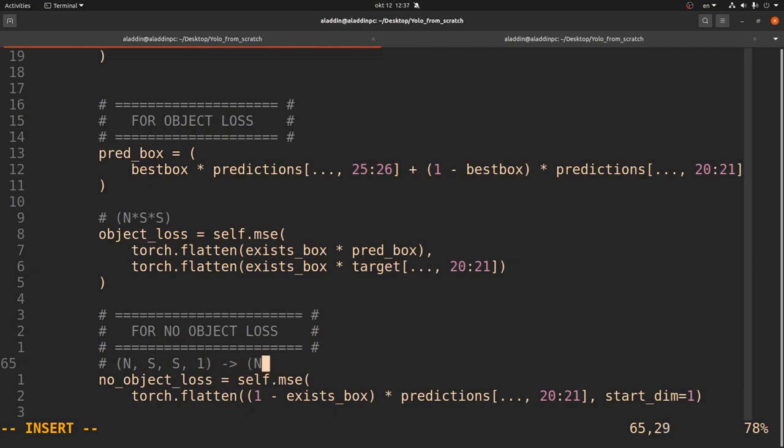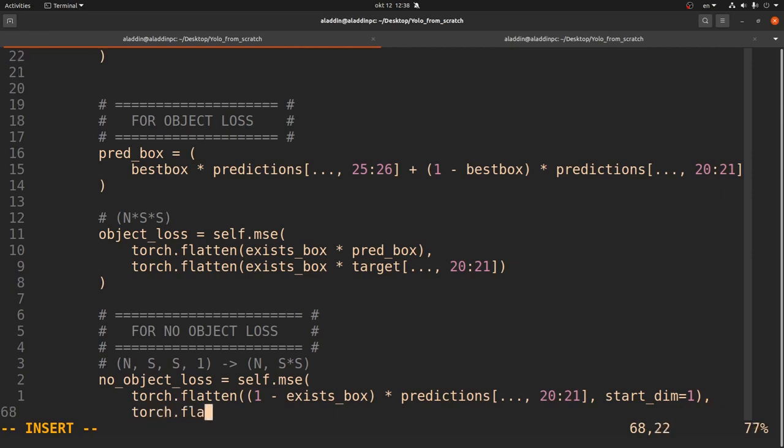This is going to be N, comma S times S, which I guess also works. But yeah, so I guess you could also modify this. I don't dare to do it though, because I want to make sure that the thing I've done that works is the one I'm implementing. But I'm thinking that you could also flatten this in some different ways. But yeah, so as long as we understand what's going on here, I think it's good.